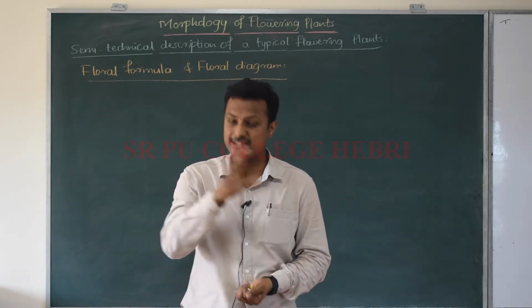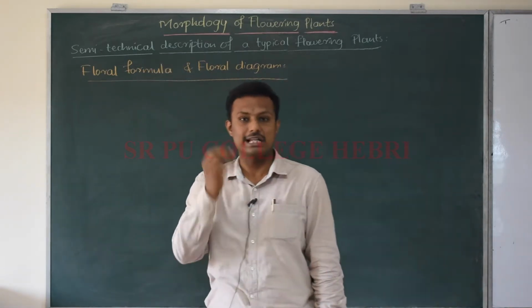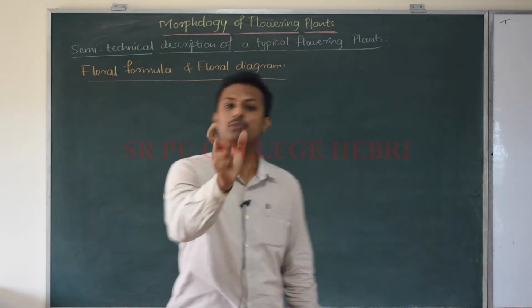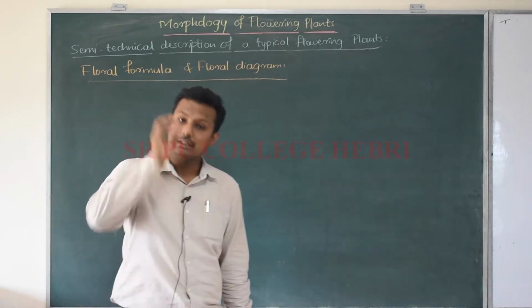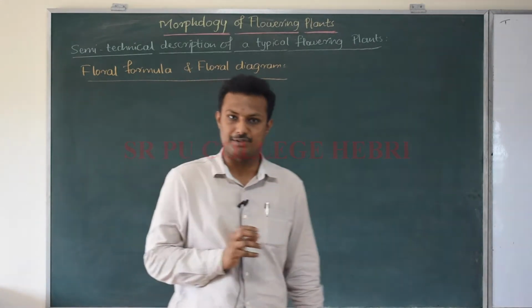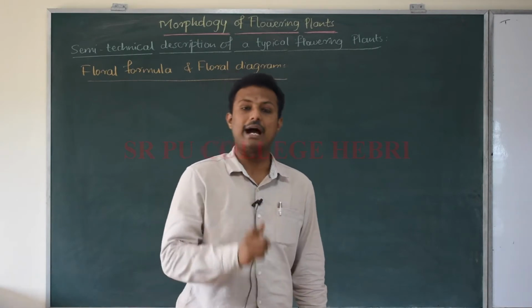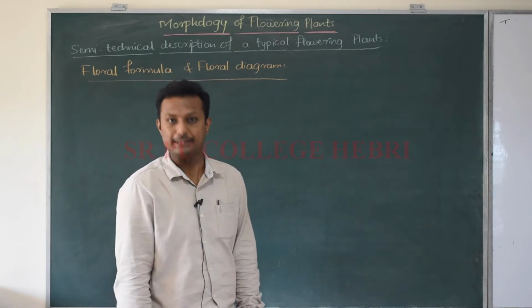So we basically represent the floral characteristics, meaning the characteristics of the flower, in terms of formula or in terms of diagram. So this is the technical or semi-technical, symbolic representation of the characteristics of a flower of a particular species of angiosperm plant.